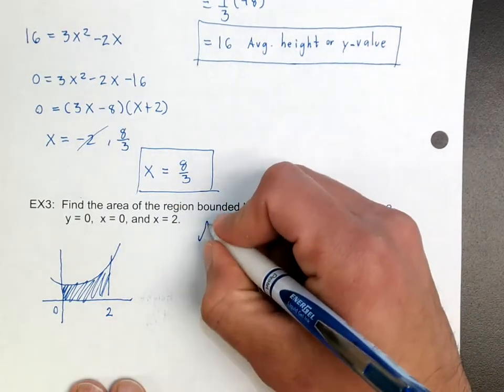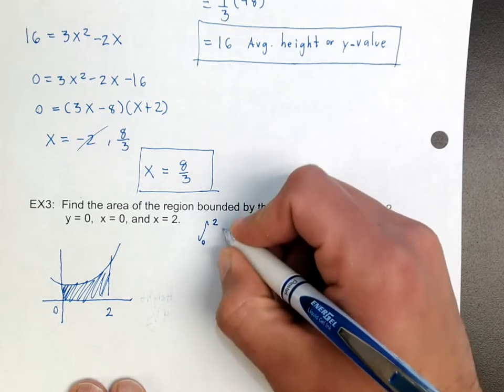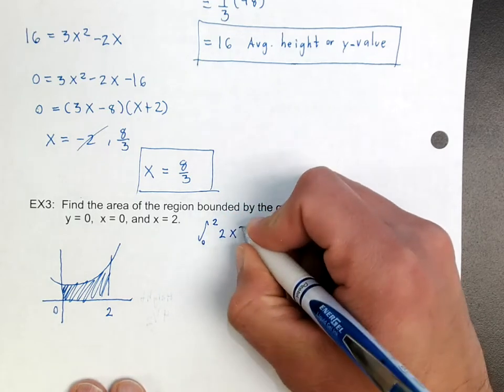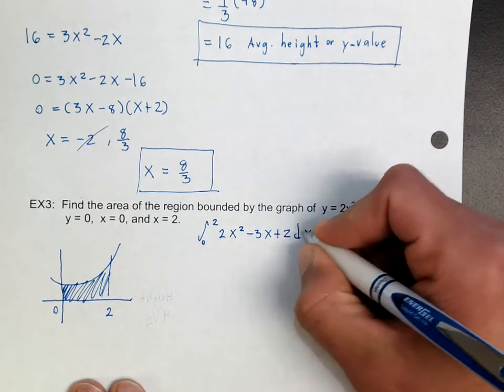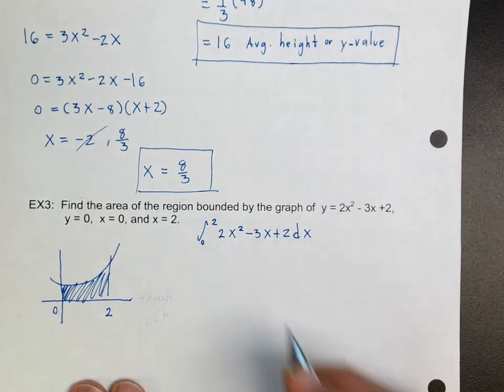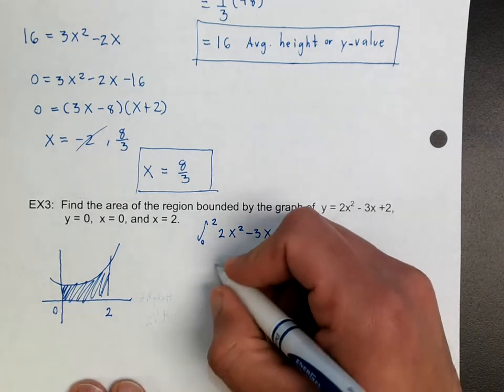So if you can see how that works, then all we're really doing is taking the integral of 2x squared minus 3x plus 2 dx, and this definite integral is between 0 and 2. So this shouldn't be a big deal.